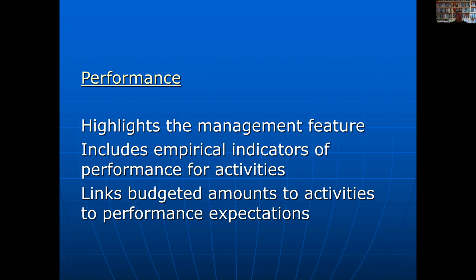Now, it's also worth noting that performance-based budgeting is not new. Performance-based budgeting has been around for decades, but it's gone through an evolution. Back in the 1950s and the 1960s, when performance budgeting was starting to take off at the local level, that type of performance-based budgeting is what we refer to as classical performance-based budgeting.